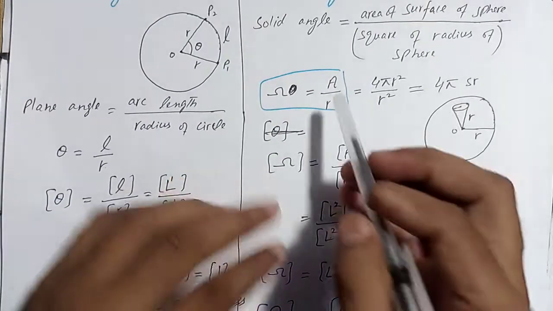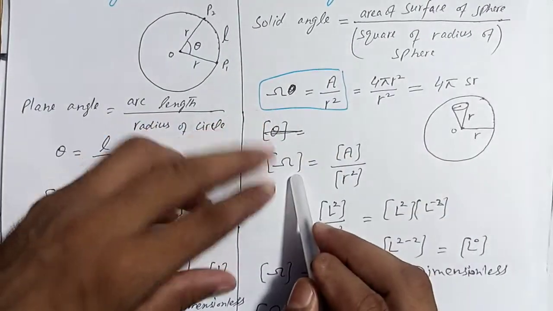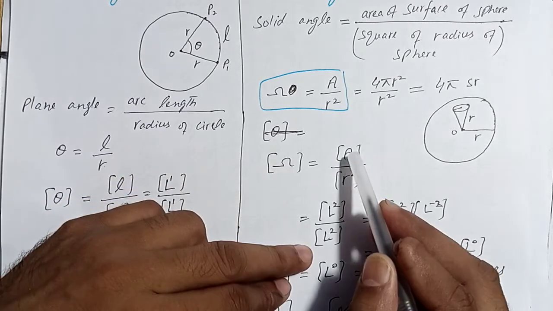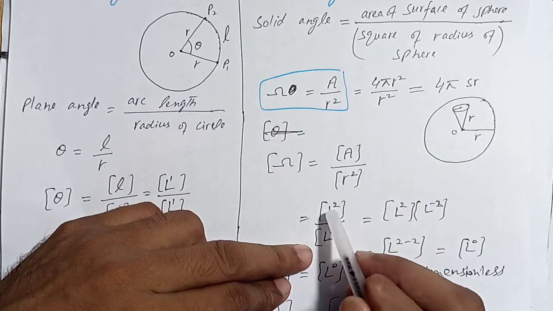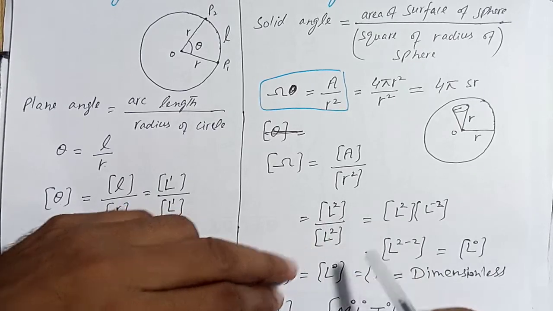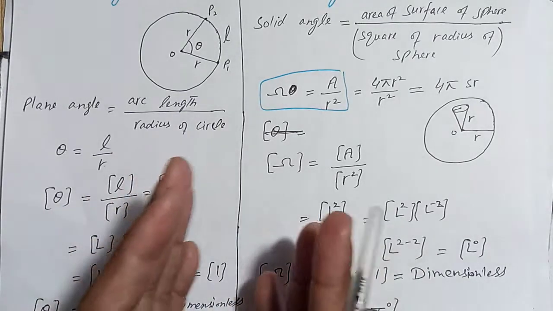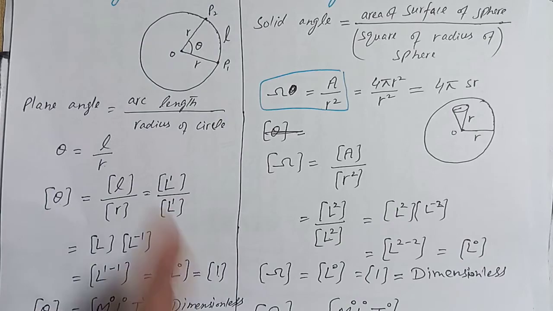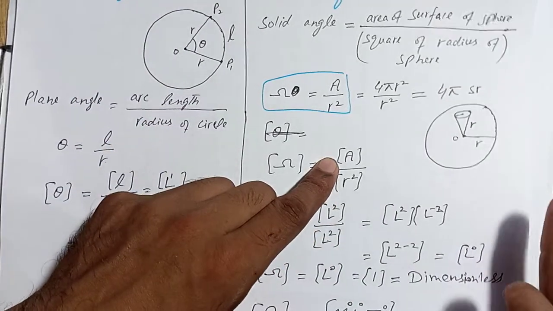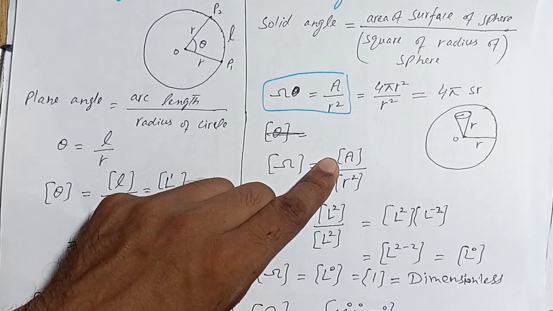For the dimension of this solid angle, we write the dimension of area and the dimension of r square. Area has the dimension of L square. Area is defined as length into width. I have calculated the dimensions of all physical quantities in a separate lecture.